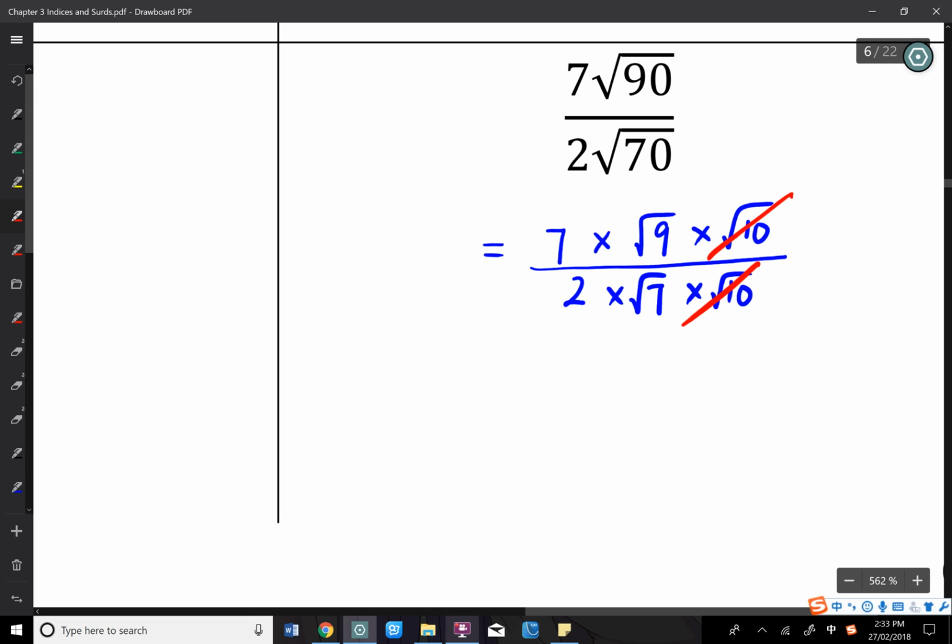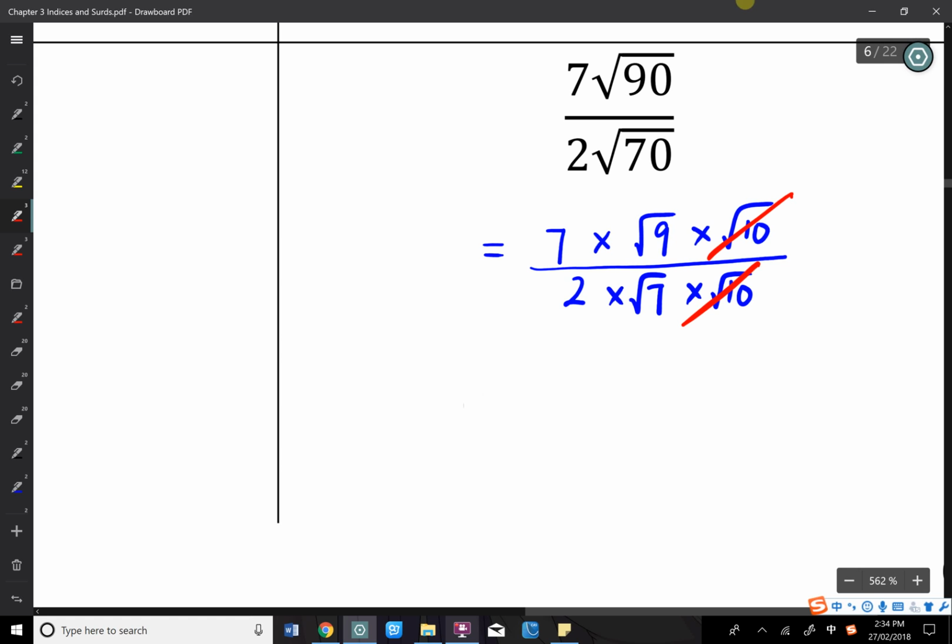I can cancel the root 10 and root 10. I can get rid of anything when top and bottom both have the same factor. So the root 10 is just gone. I have made the numbers a little bit smaller, which is much easier to deal with.